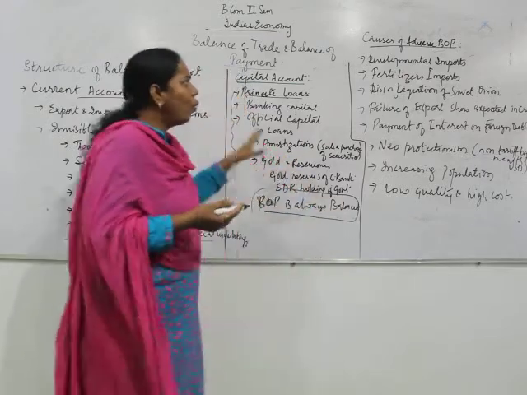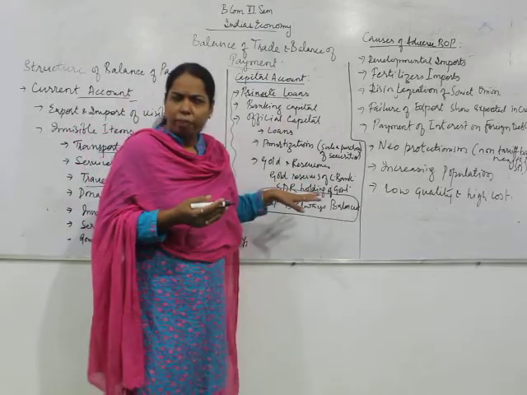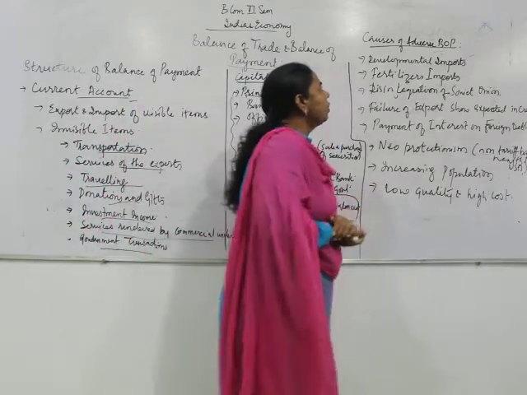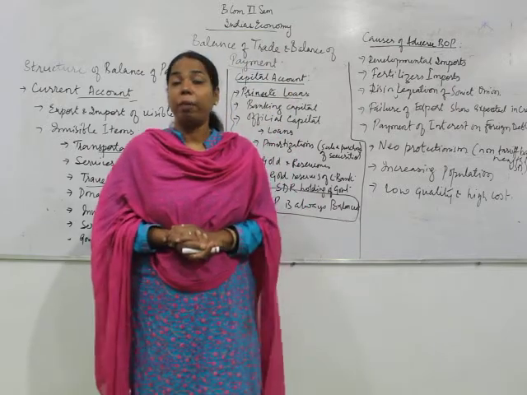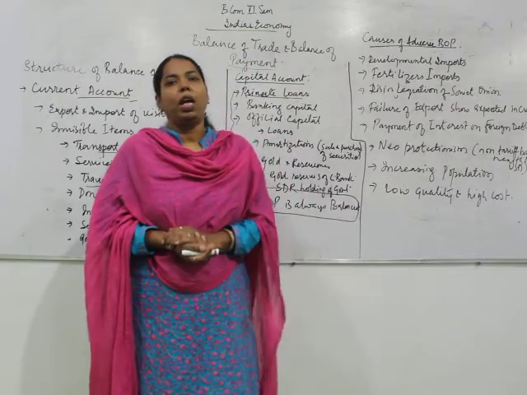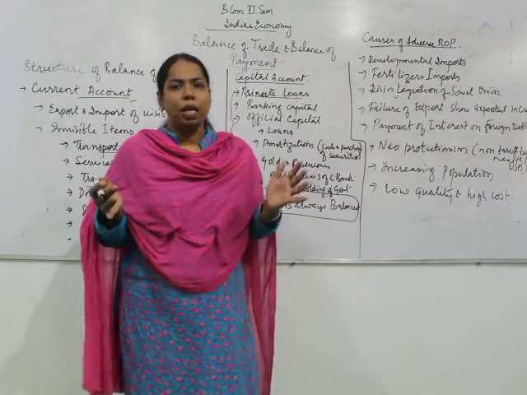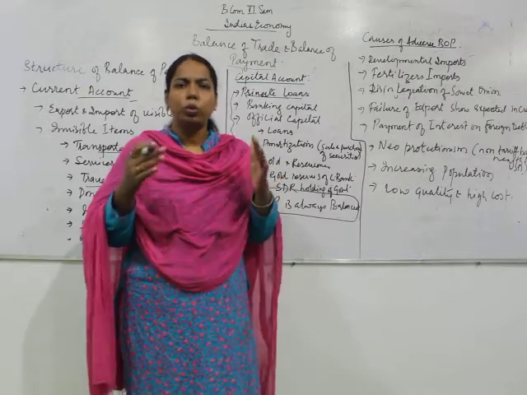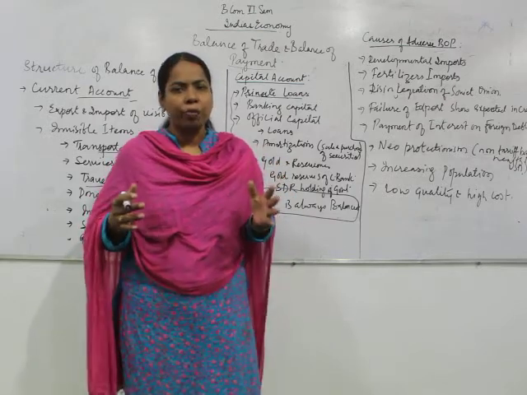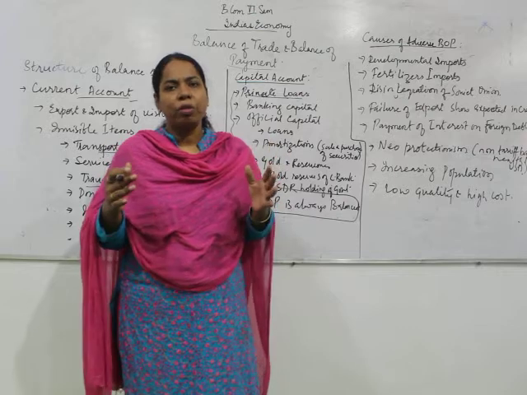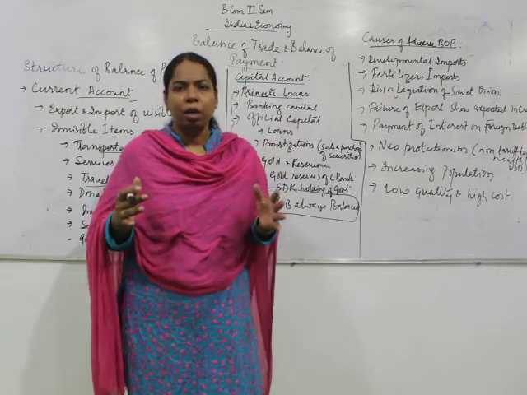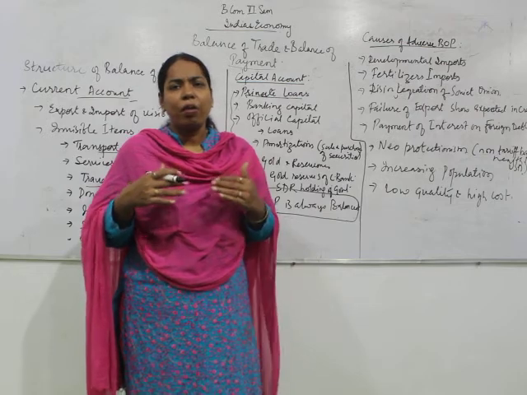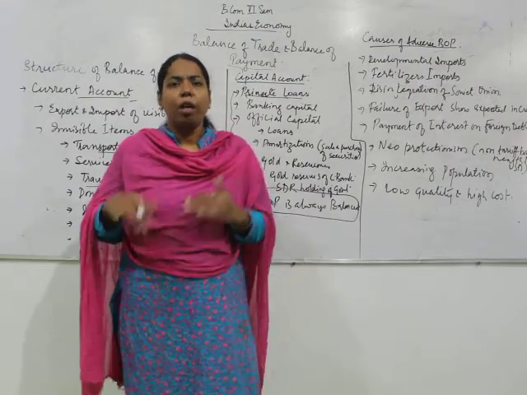So let's see what are the causes of the adverse balance of payment. The first one is developmental imports. Developmental imports, basically what? After independence, as I told many times, there was a need to build the infrastructure, and for building the infrastructure we required capital goods, which were not produced in India.